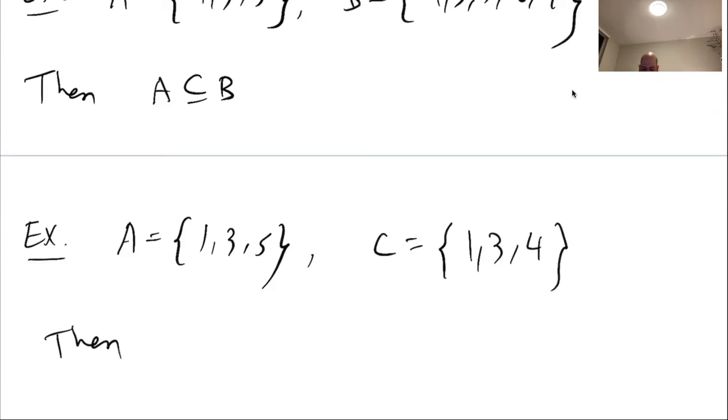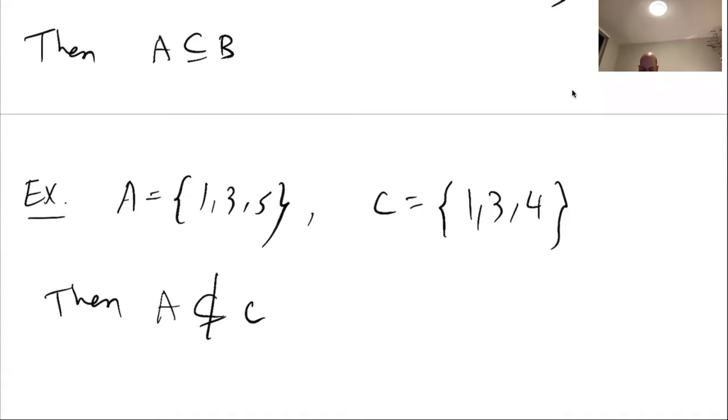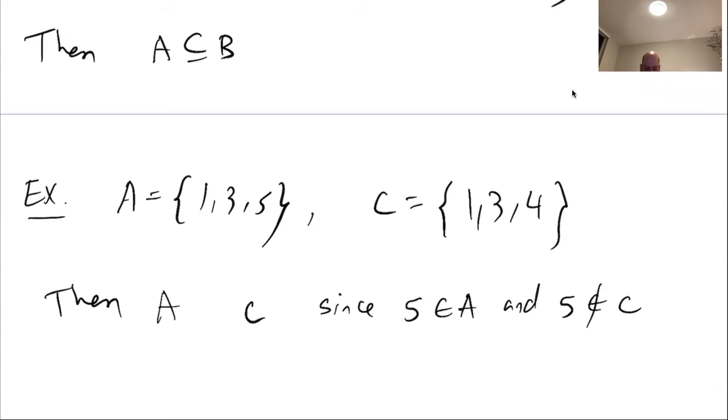Then A is not a subset of C, since 5 belongs to A and 5 does not belong to C. So if you can find at least one element of A which is not an element of C, then in that situation, we would say A is not a subset of C.